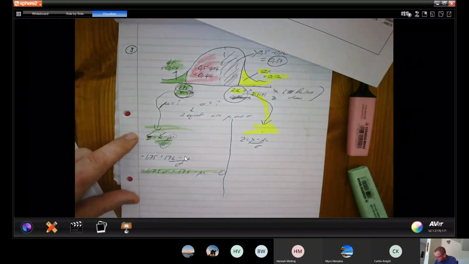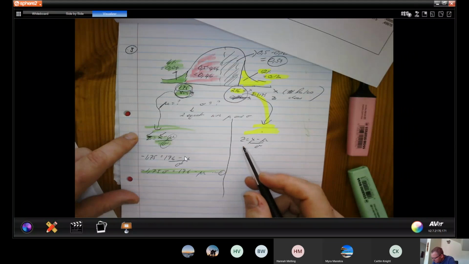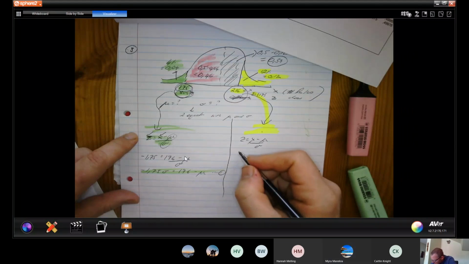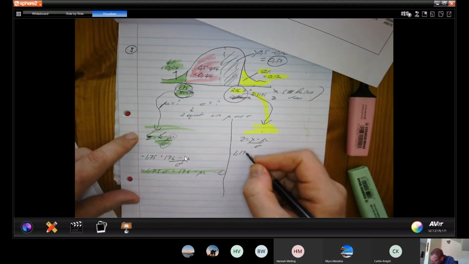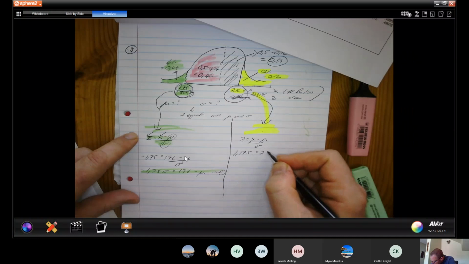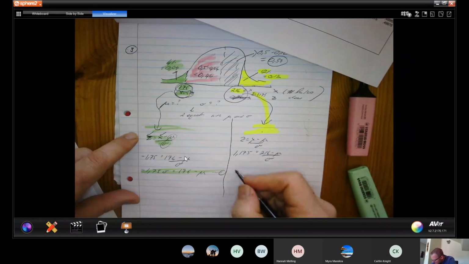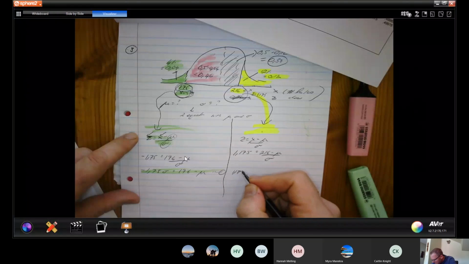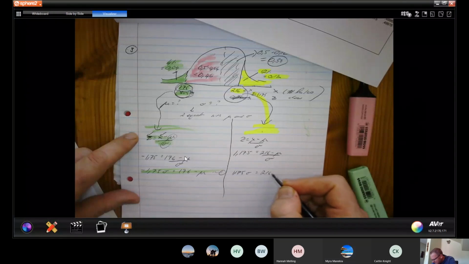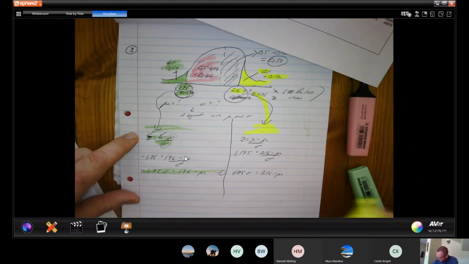Right. So now I'm going to go 1,175 is equal to 216 minus mu over sigma. So I've got 1,175 sigma is equal to 216 minus mu. Did you get that, Mara?